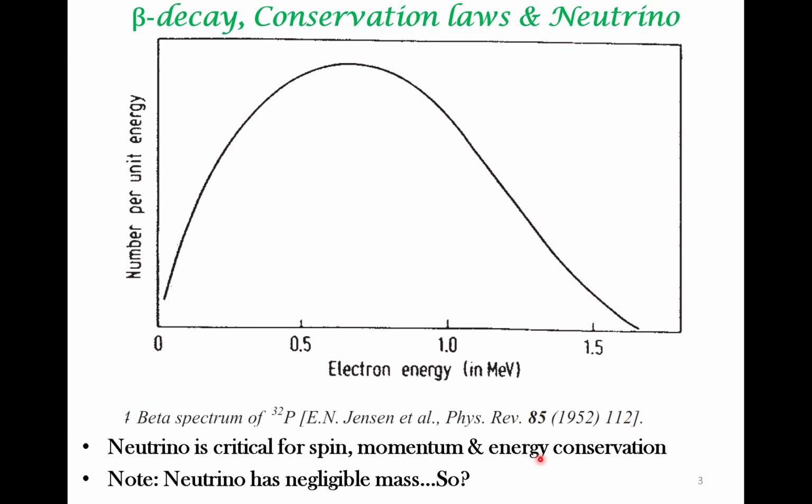Likewise, the physical nature of neutrinos was thought to be similar to that of a photon. So it has no mass, but still it can carry energy, and it has certain spin. We won't go into these details, but especially for spin conservation, neutrinos were thought to be important.